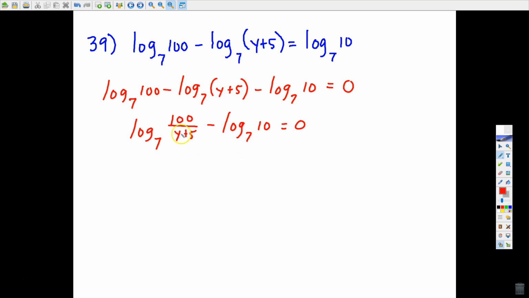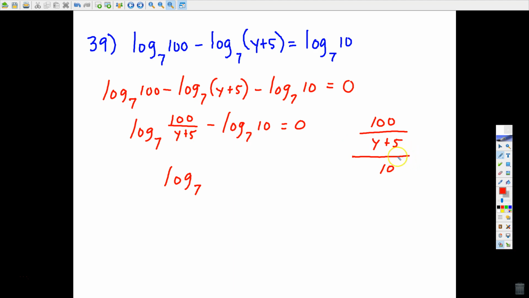Okay, now once again, I'm going to be dividing, so put these together, log base 7. Remember, when you divide by 10, it's the same thing as multiplying by 1/10. Remember that? So let me write it out for you. We're essentially doing 100 divided by y plus 5 divided by 10.